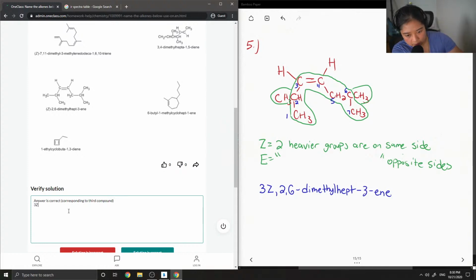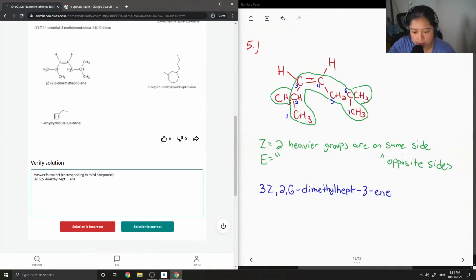I'm also going to put a 3 in front of the Z, just to say where the double bond is. Okay, so this answer was correct.